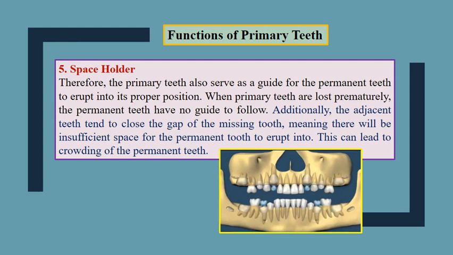When primary teeth are lost prematurely, the permanent teeth have no guide to follow.